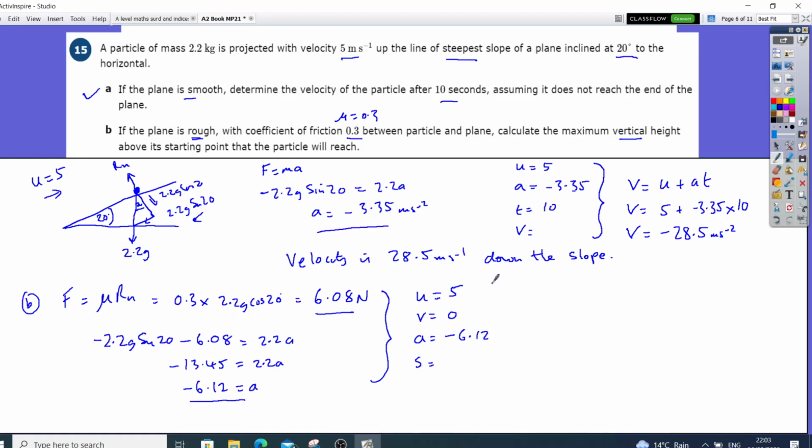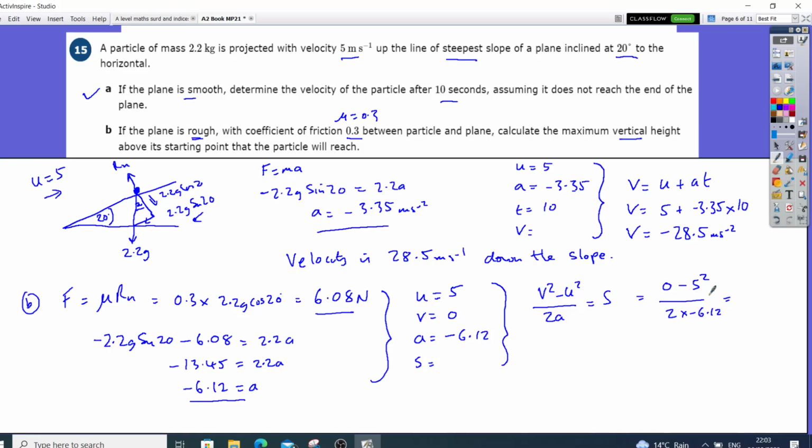From here we can use our formula, v squared minus u squared over 2a equals s. That will give me 0 minus 5 squared over 2 times minus 6.12.